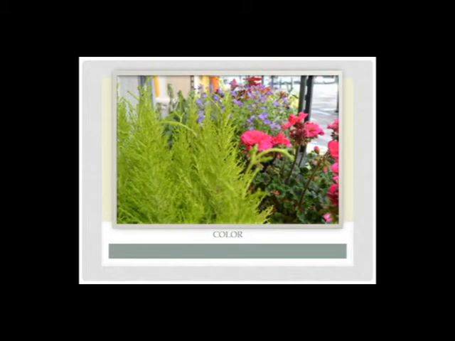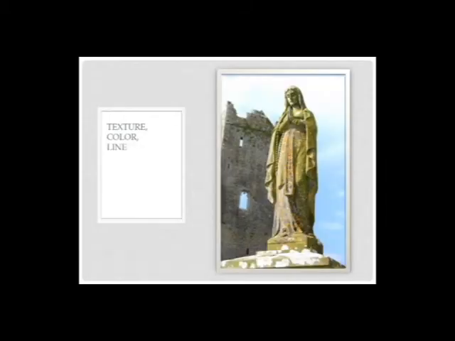Of design principles and elements in nature, so we have some regular rhythm happening within the leaves, and then we've got some random rhythm happening within the flower petals and lots of color. We can clearly see different textures happening within the statue and the color variation from the weather conditions on the sculpture, and then some line work happening with the draping of the fabric.